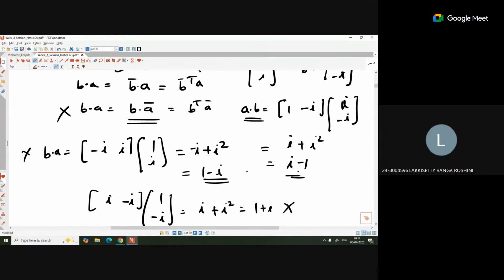No, this is also not possible. This will give me a different value, which is 1 minus i.